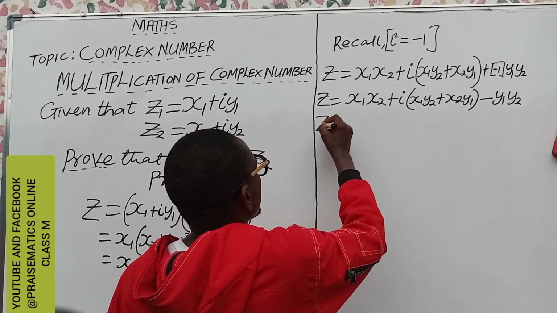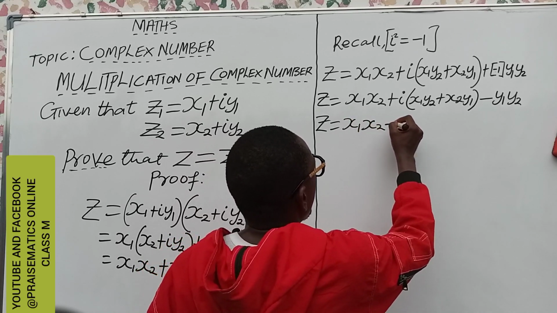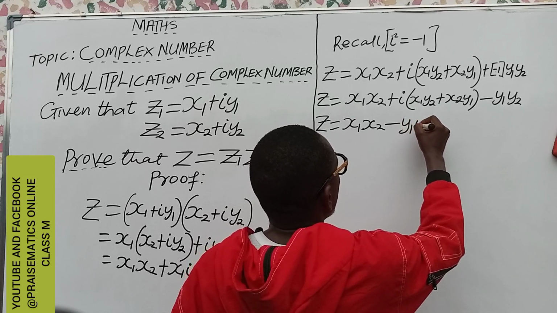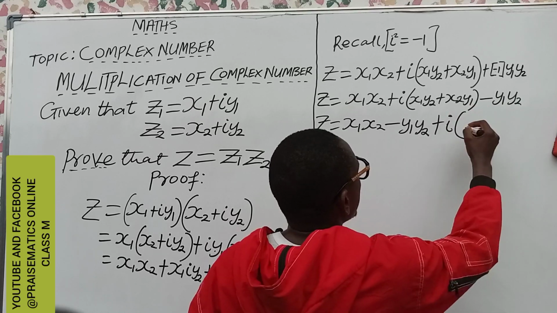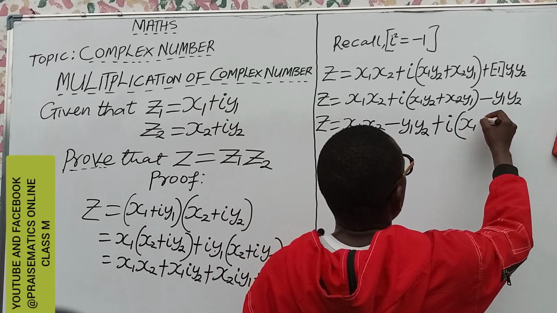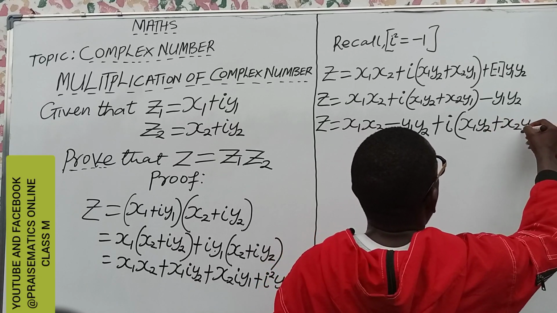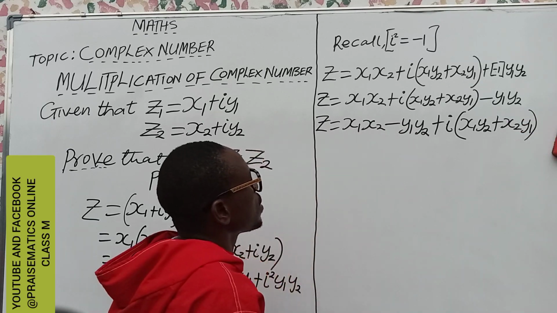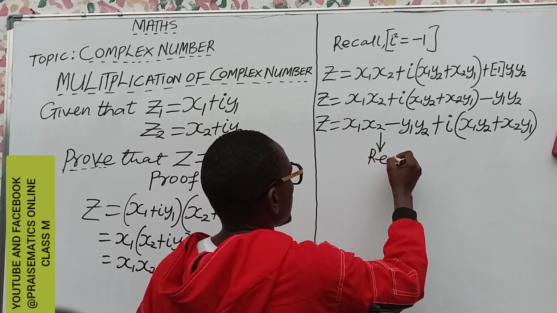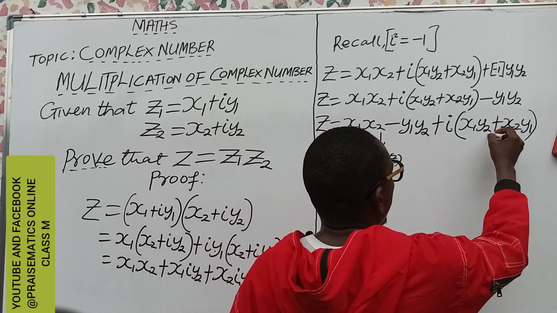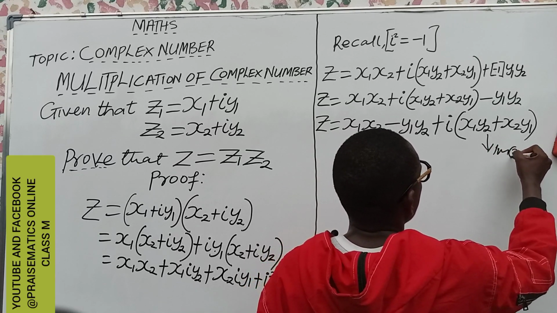So what do we have? That z is equal to x1 x2 minus y1 y2 plus i into (x1 y2 plus x2 y1), and that is it. So finally, this is the real part of z, and this is the imaginary part of z.